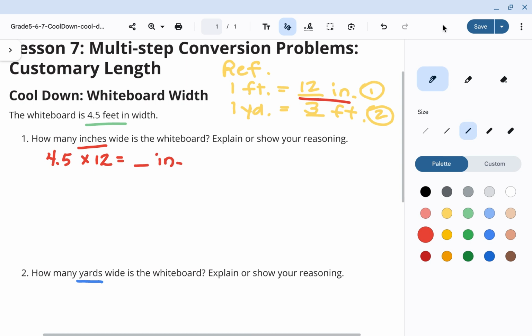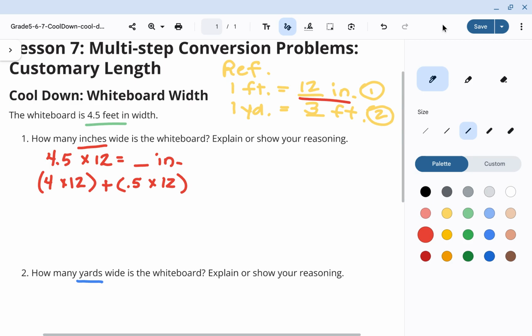Well, there are a couple ways that we can multiply, but what I want to show first is I can take 4.5 or 4 5/10. I could multiply the 4 by 12 first, right? Then I could multiply the 1/2 times 12, and I could add both of those together, right?